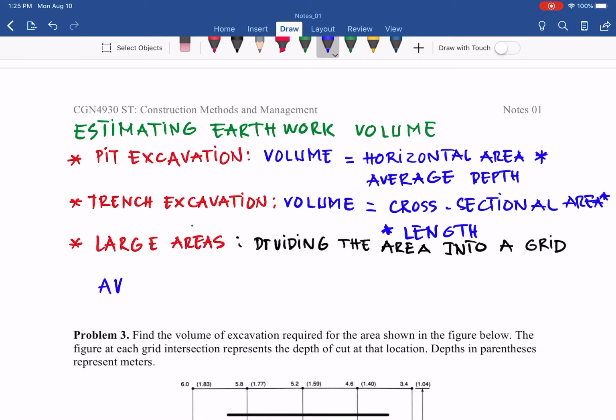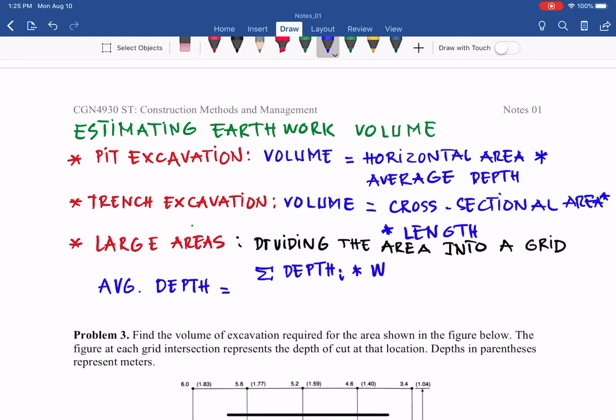The average depth in that case is equal to the depth at a certain location on the grid. So it will be equal to the depth at any given point, let me call that point i, times the weighting for that point.